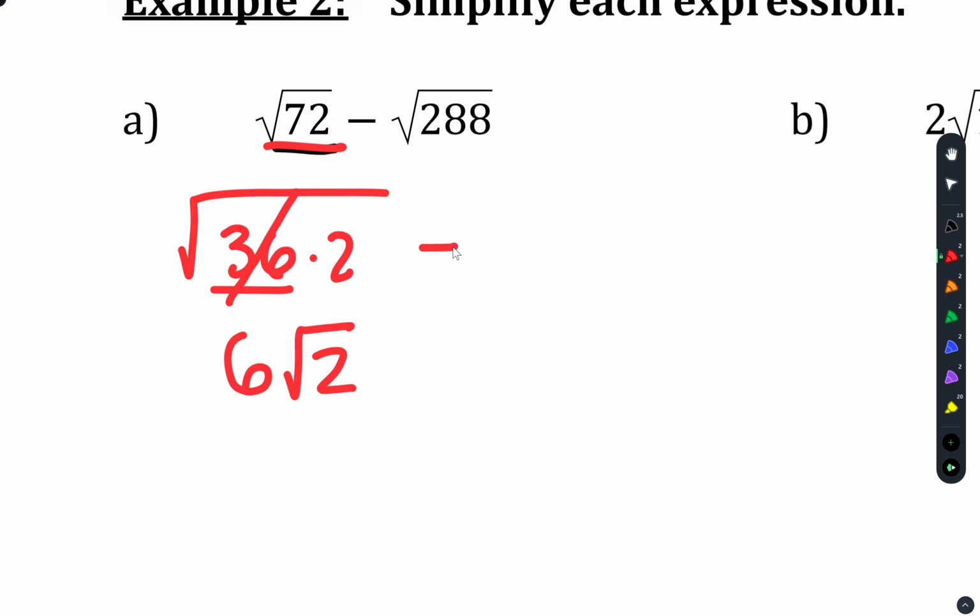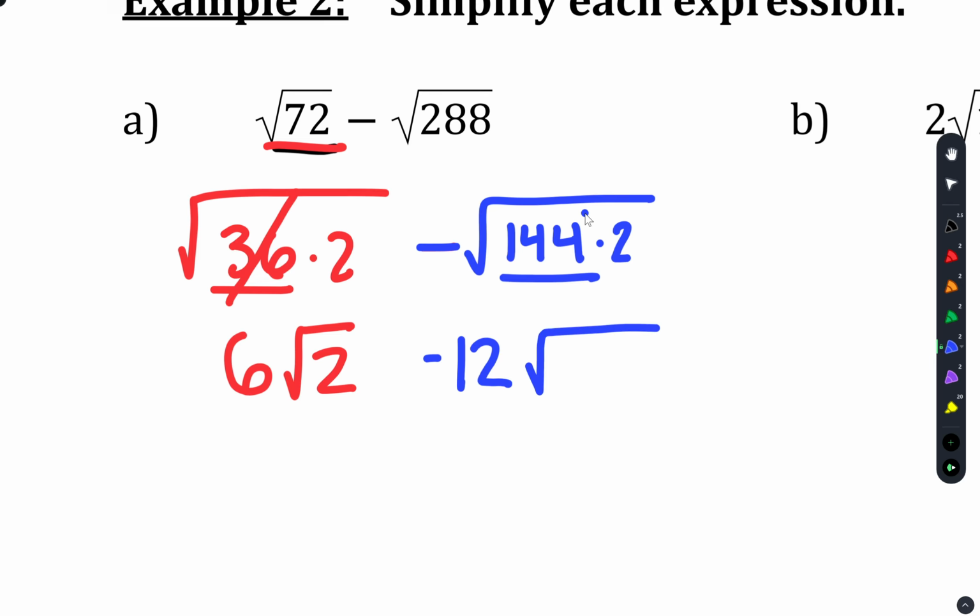So I have a negative 288, which breaks down into 144, my perfect square. I square root it before I bring it out to the front. The square root of 144 is 12. That goes away. All that's left in there is a 2.